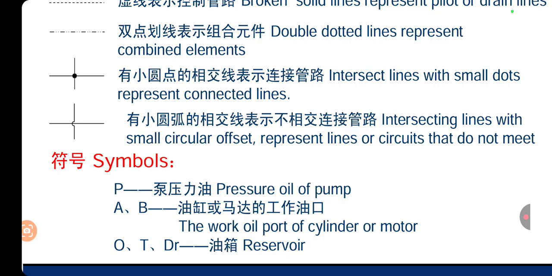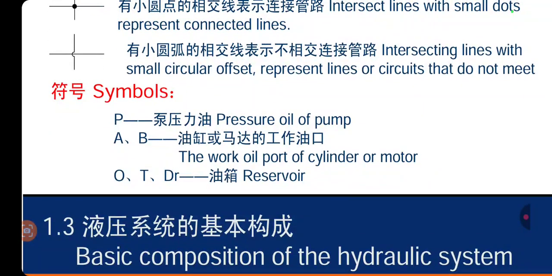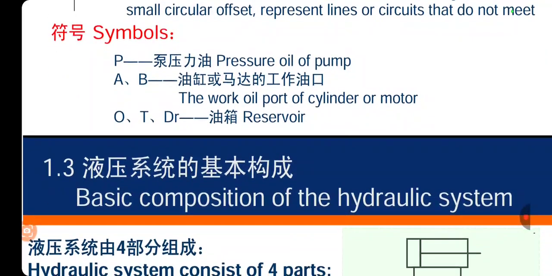One of them is intersected, which is represented by the dot, and the other is represented with a little bend in the pipe. It indicates that there are two pipes. So for the other symbols, normally we indicate pump with P, the ports like A and B, and for the reservoir we normally use T for tank and D for drain.